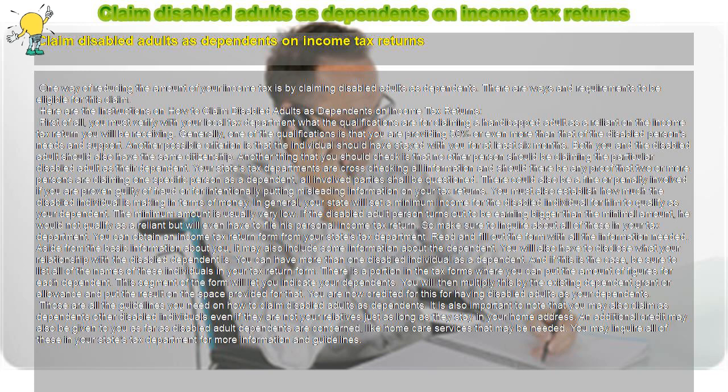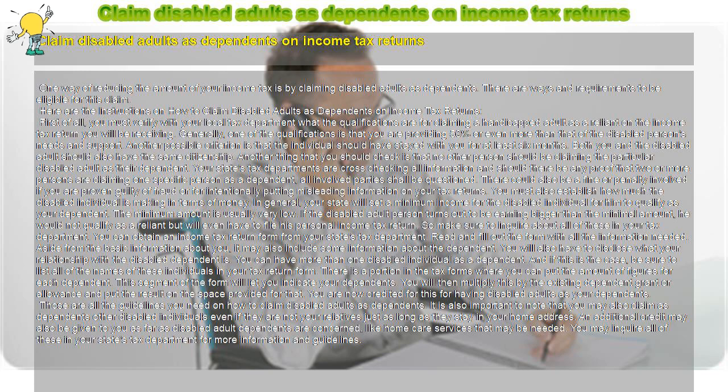And if this is the case, be sure to list all of the names of these individuals in your tax return form. There is a portion in the tax forms where you can put the number of dependents. This segment of the form will let you indicate your dependents.